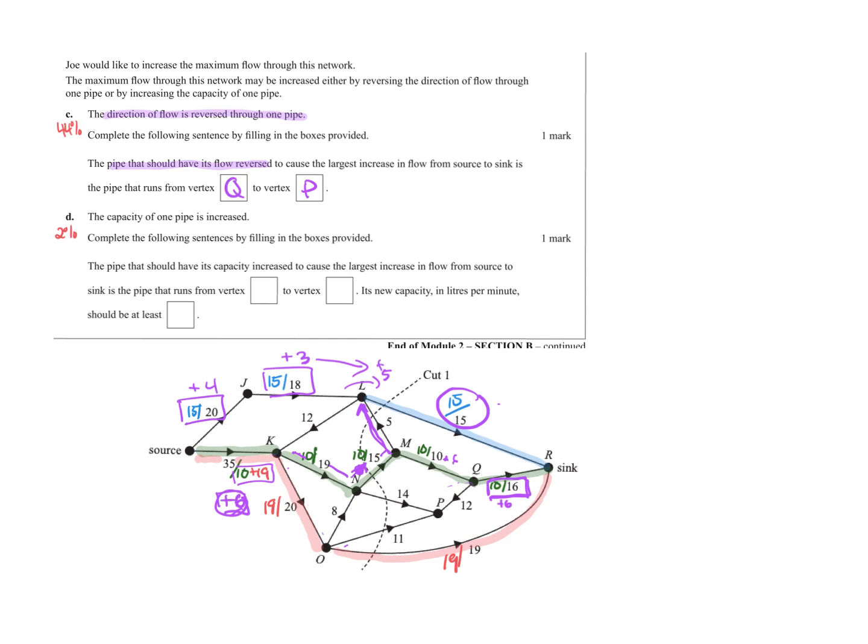So if we add an extra 8 litres to this one to make it a pipe of 23, it'll increase it by that. So increasing this pipe increases it by 8.